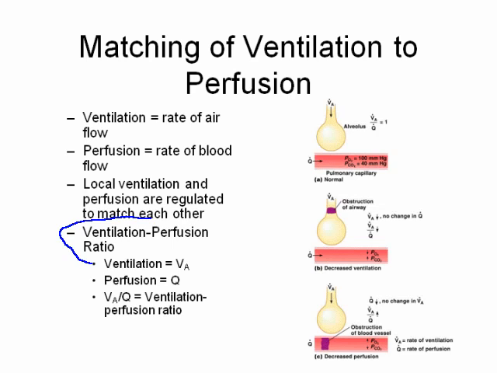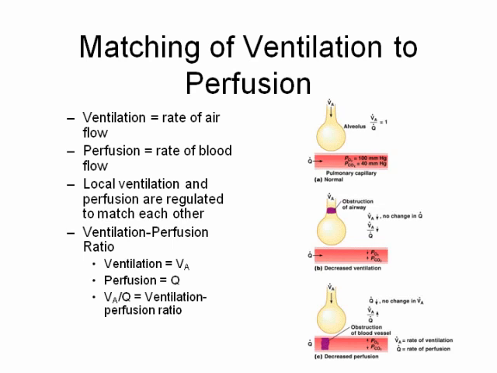And we refer to this as the ventilation-perfusion ratio. Since the abbreviation for ventilation of the alveolus is V subscript capital A, and for cardiac output, which of course is our blood flow, the abbreviation is Q, this is also referred to as the VQ ratio, which is just a shorthand for ventilation-perfusion ratio.